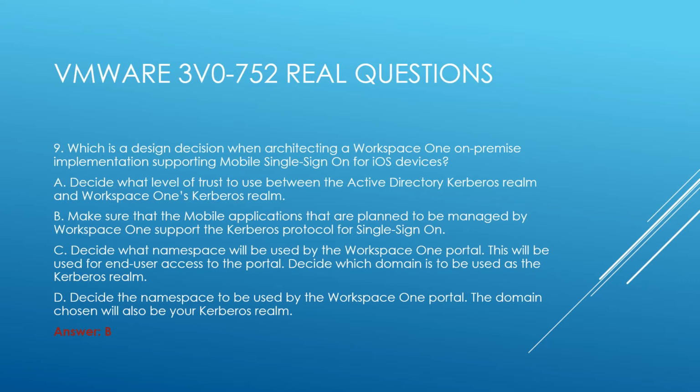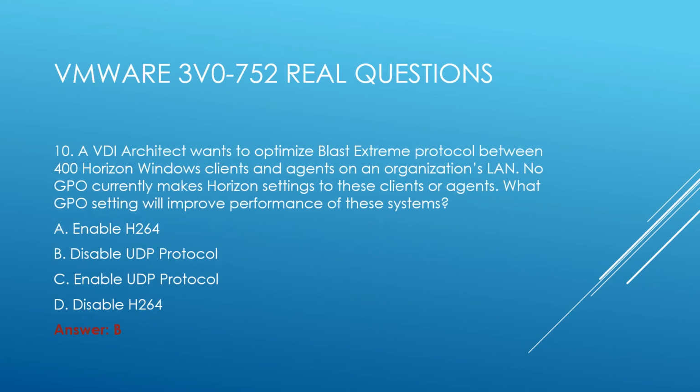This will be used for end-user access to the portal. Decide which domain is to be used as the Kerberos realm. D. Decide the namespace to be used by the Workspace ONE portal. The domain chosen will also be your Kerberos realm. Answer: B.